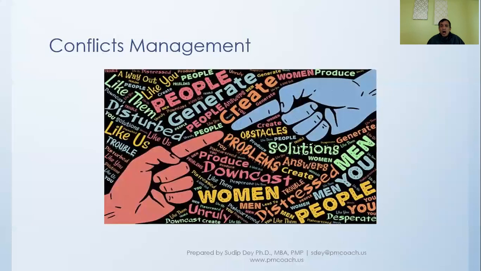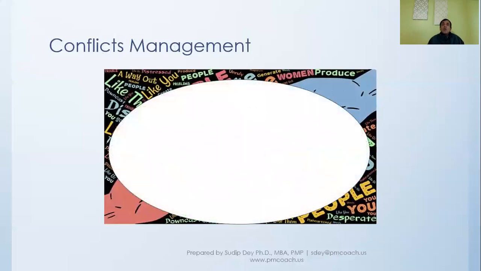Now, how we look at these conflicts, or when we go about resolving this conflict, the techniques that we use, the approach we take to resolve this conflict, will depend on different factors.